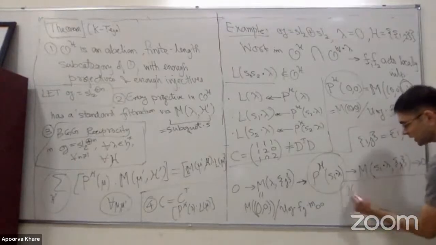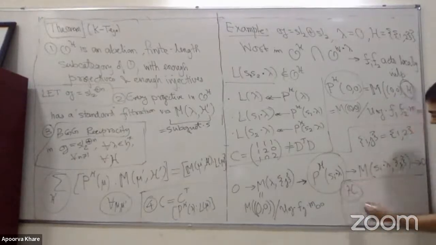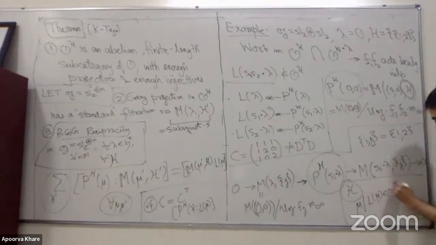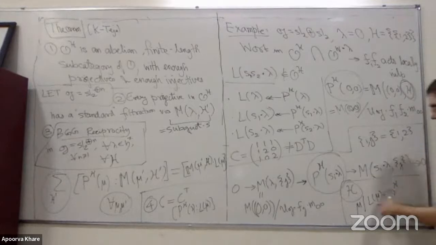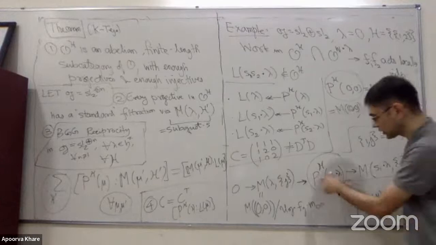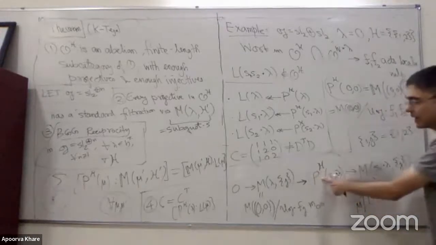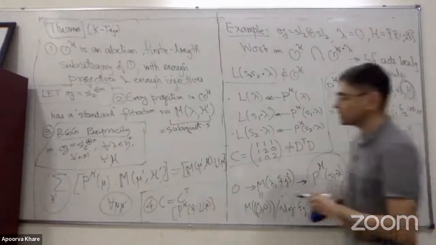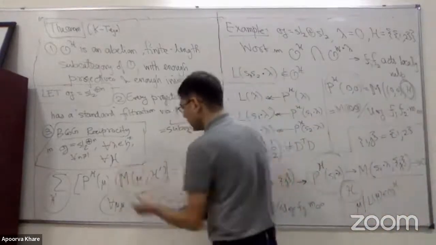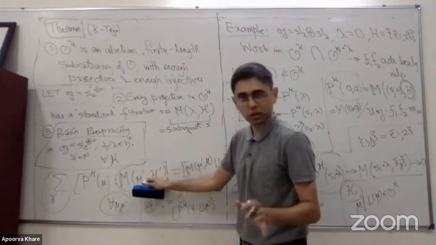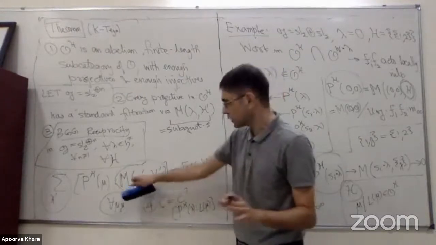Right. The rough idea is, you are given an H. For every mu such that L of mu first of all has to belong to the H, you only care about those modules sitting inside the category. Only they can occur as Jordan-Hölder factors of these. So the first claim is, if this object occurs in the category OH, then L mu prime must occur in OH as well, because L mu prime is a quotient also.